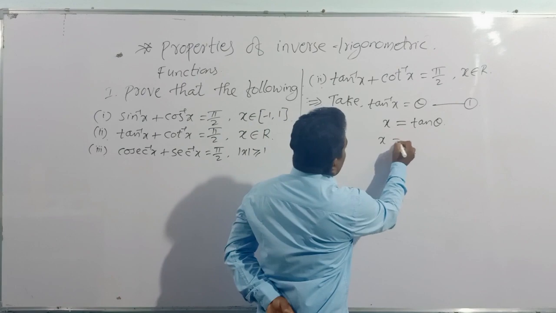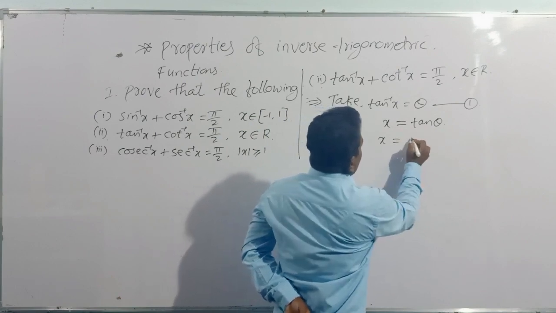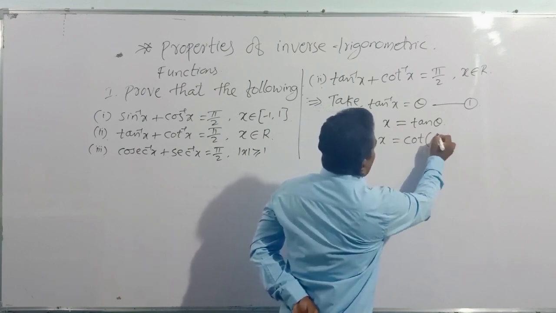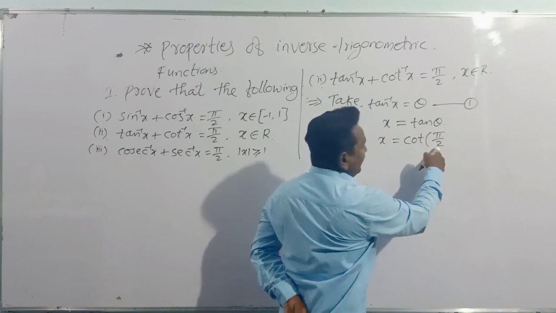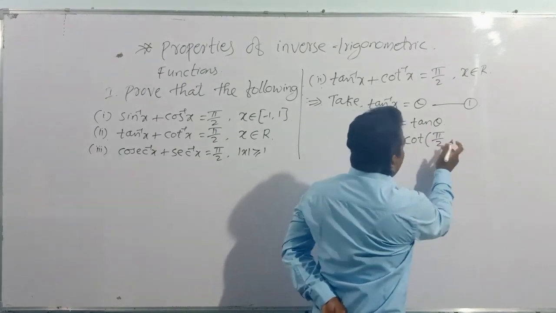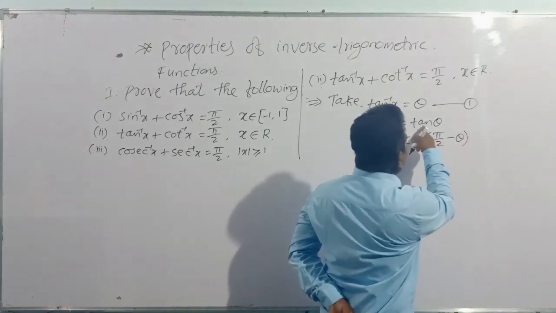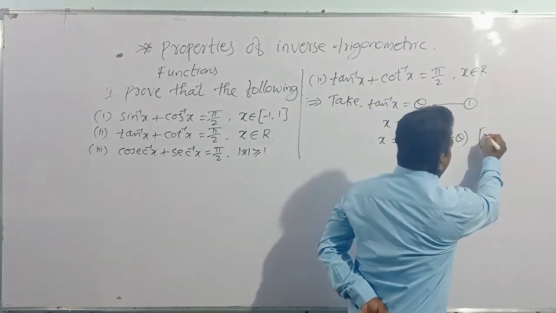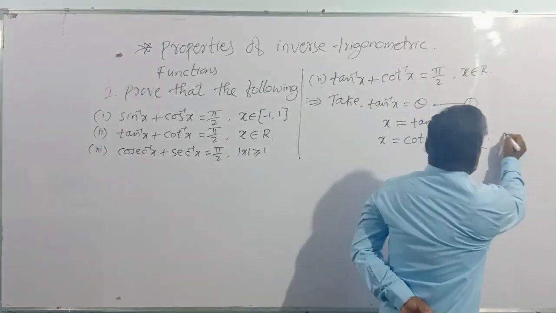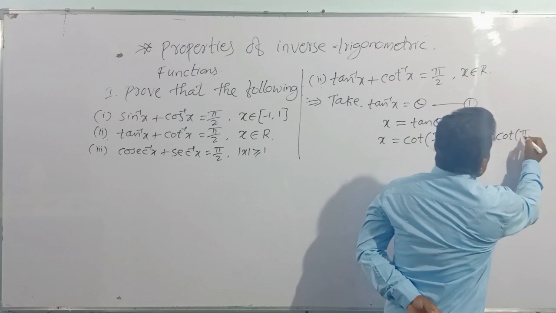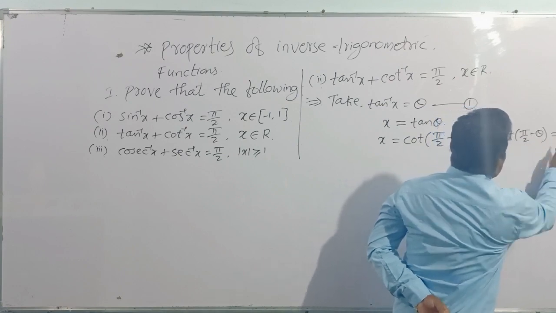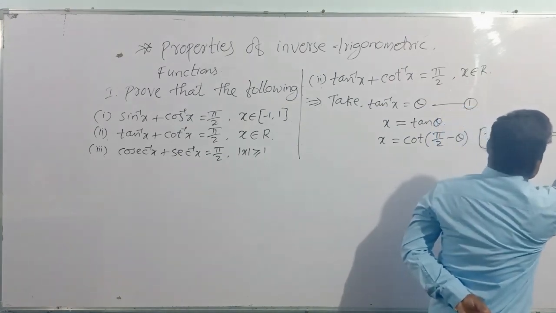Means x equals to cot pi by 2, means 90 degree, minus theta equal to tan theta, because as we know cot pi by 2 minus theta equal to tan theta.